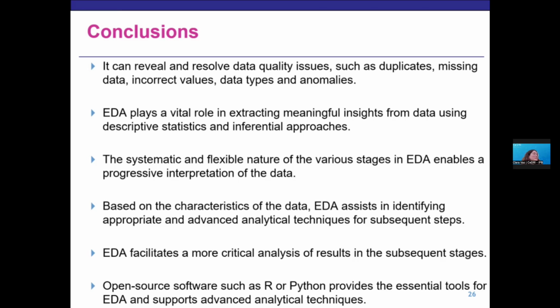Also, we can characterize this process of EDA as a systematic and flexible framework that enables progressive interpretation of data.